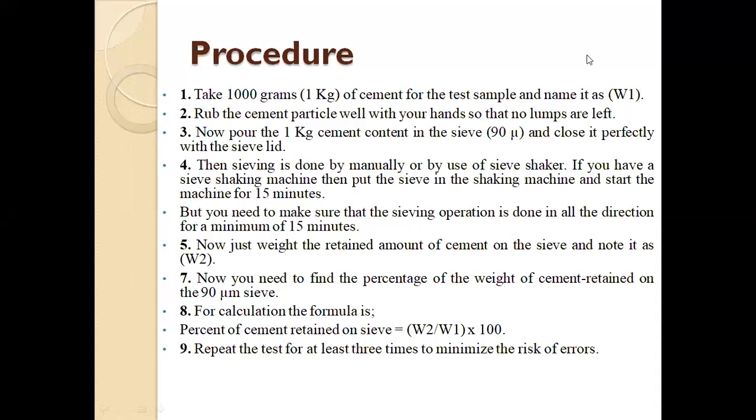If the retained particles weight is 100 gram, then the fineness is 10% for a sample of 1 kg. So depending upon the sample taken and weight retained, we can calculate the fineness of the cement.